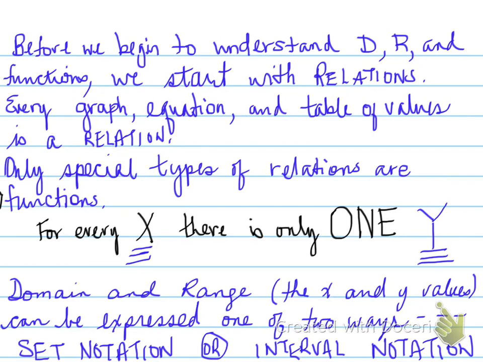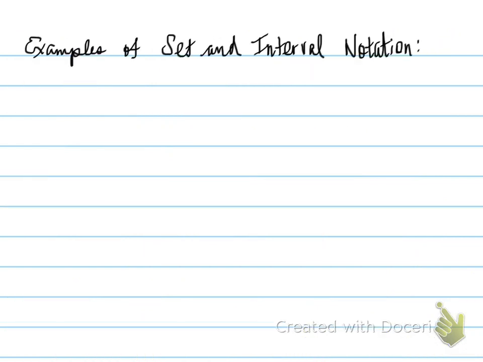Note that interval notation will be discussed in this lesson but not tested upon because set notation is the first type you're going to learn. Oftentimes, though, interval notation is just a way to understand it far easier than it is to use set notation. Next, examples of set and interval notation.